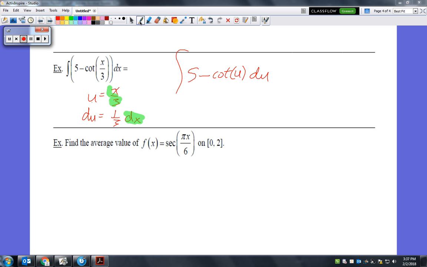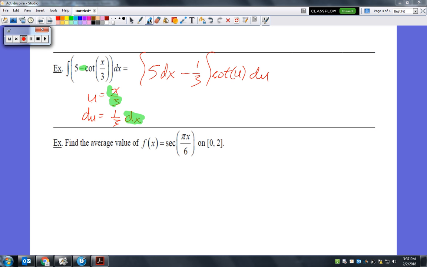Shouldn't there be a 3 in the front? Yes, there should be. So we should do this actually: 5 dx minus 1/3. I didn't have to do it for the 5, did I? So I split it up.